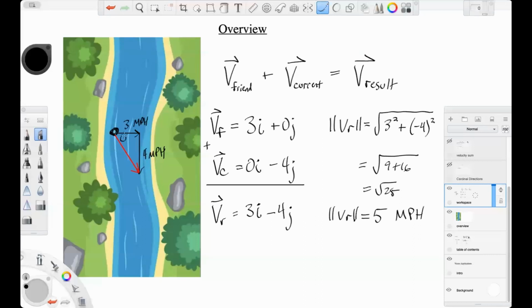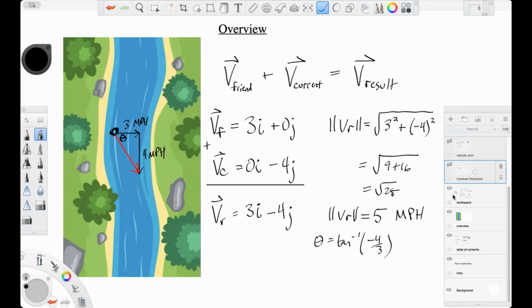But if we find the angle right here, if we call that theta, then we're going to say that theta is equal to the inverse tangent of the J component, so negative 4, over the I component. And then we could solve for that theta value, and that would give us the angle relative to the direction that your friend is paddling, right? So that's essentially how we're going to work with these vector applications.